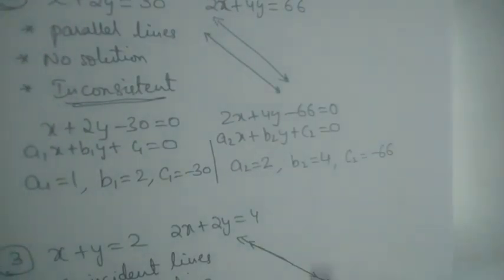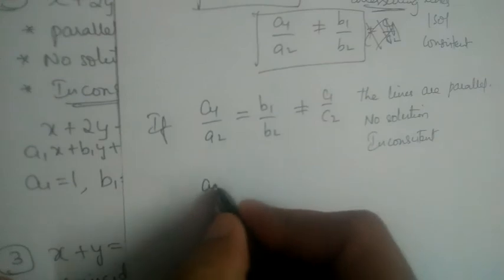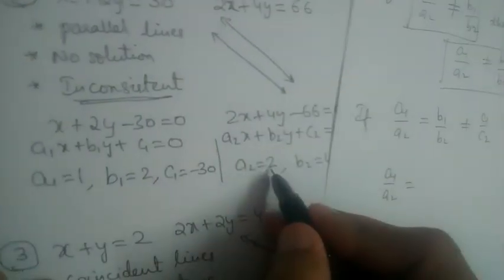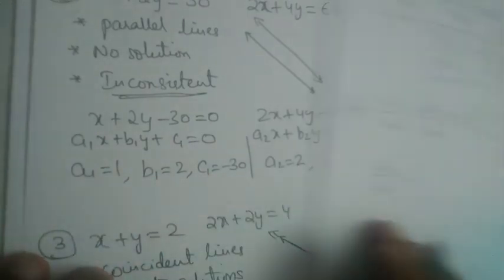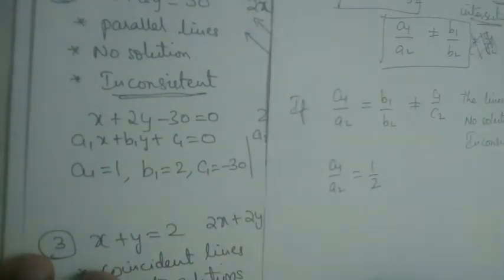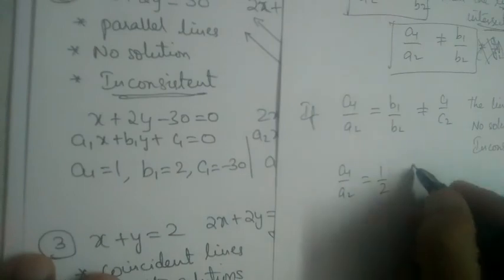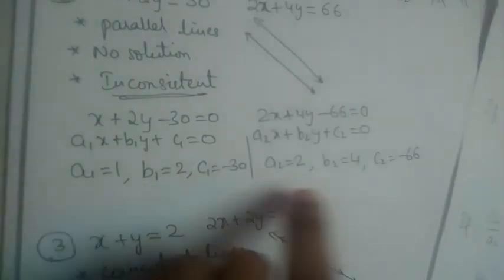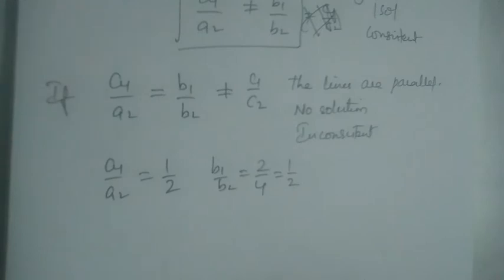Now let us find what is a1 by a2 here. a1 is 1, a2 is 2. So this will be 1 by 2. Let us find b1 by b2. b1 is 2, b2 is 4. So this is 2 divided by 4. 2 divided by 4 will give us 1 by 2 only, right?